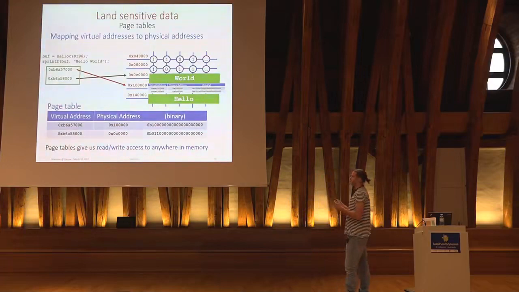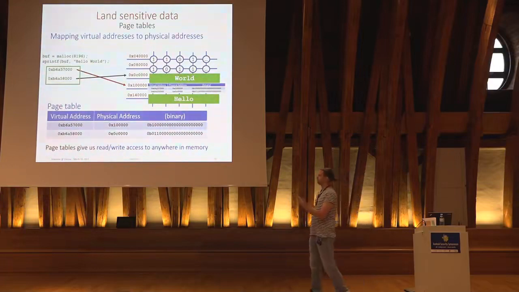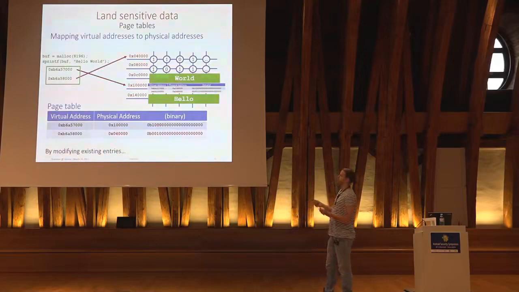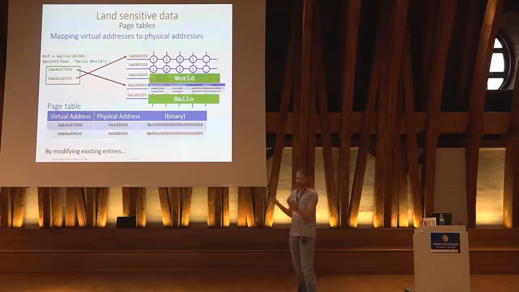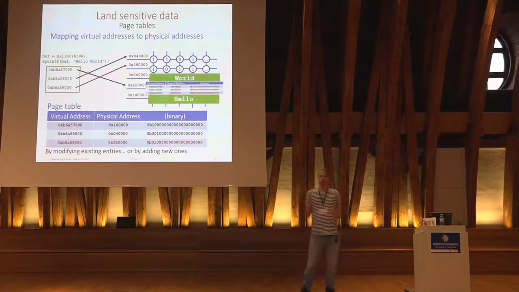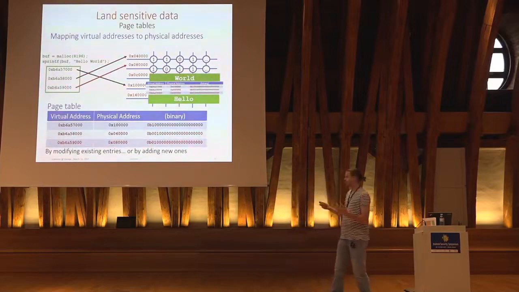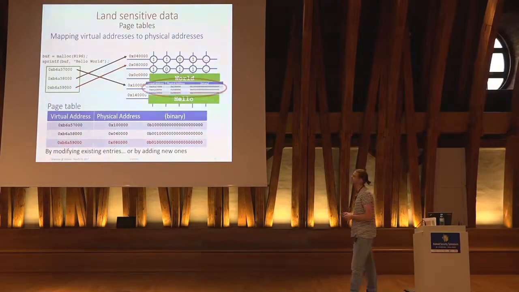And if we have access now to this page table, we can change it. And with this, we can get read-write access to anywhere in memory, because we can modify existing entries and make this virtual address point to somewhere else in memory where we never had access to before. Or we can add new entries to it and use this to get access to anywhere in memory.